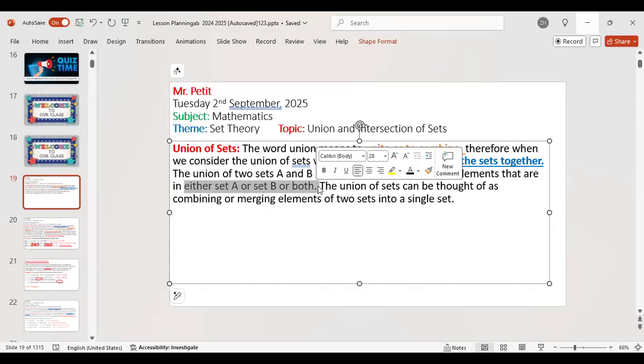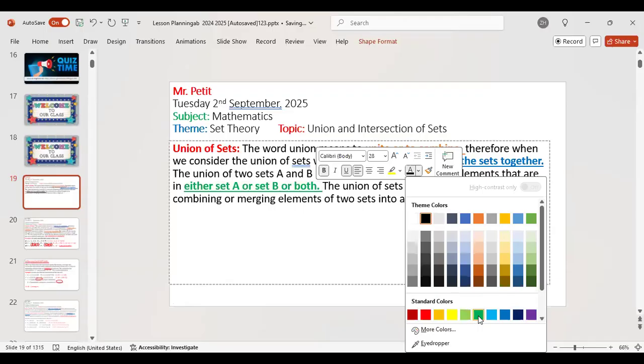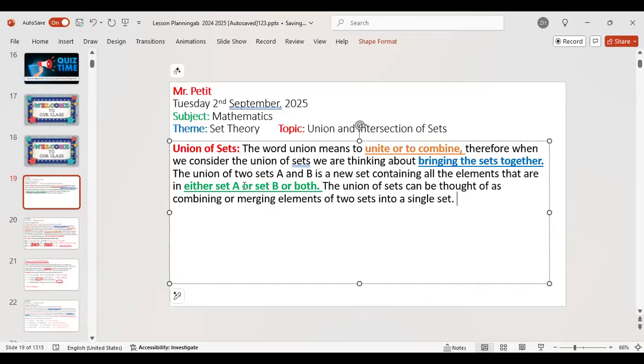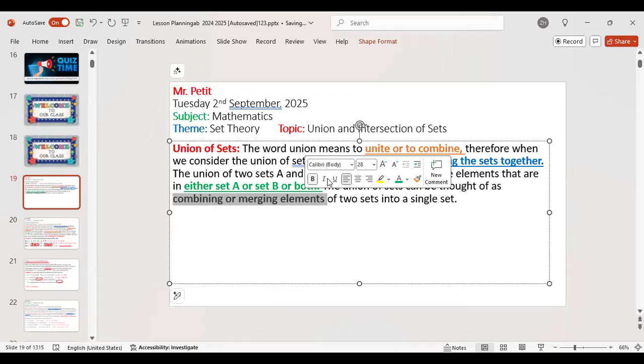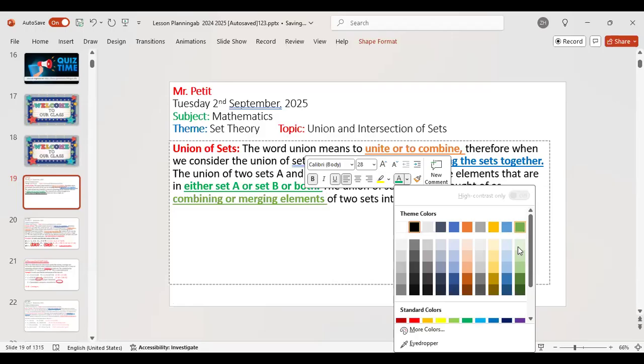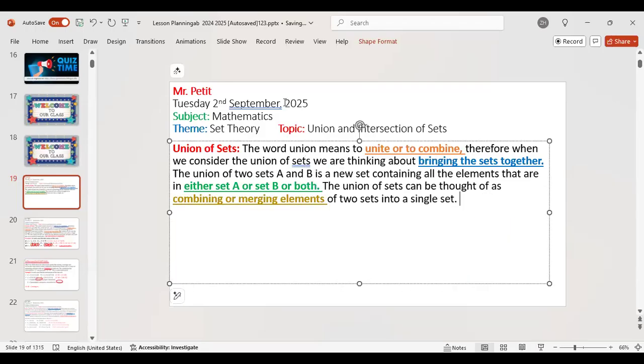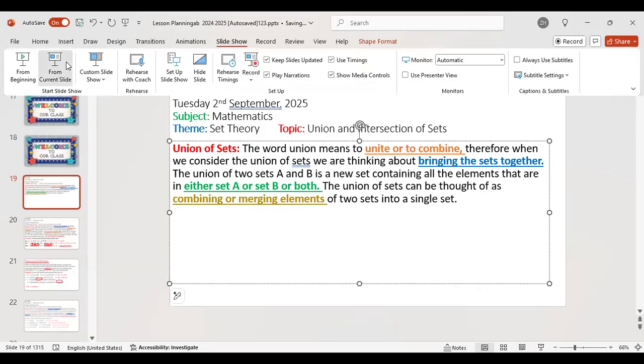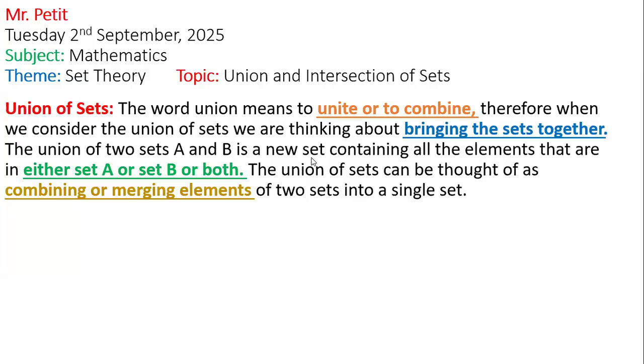You can highlight that, or underline it. Set A, B, or both. Also highlight the combining or merging of two sets of elements. That's what we mean: combine, merge, unite. That's the idea of the union, to combine, to merge, or to unite.